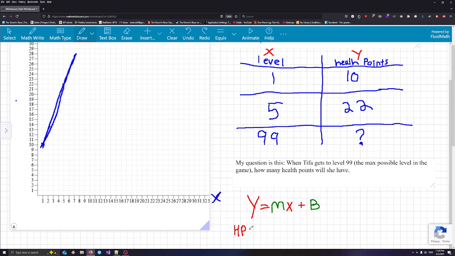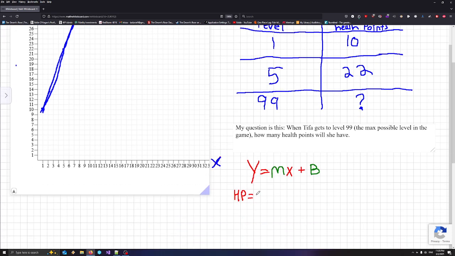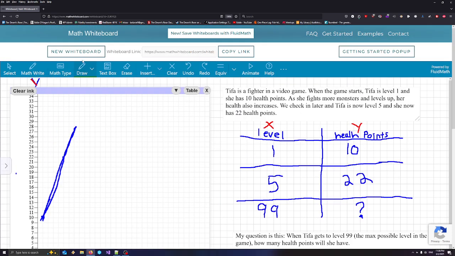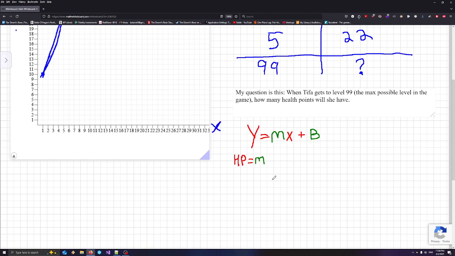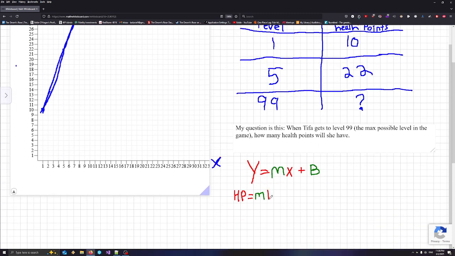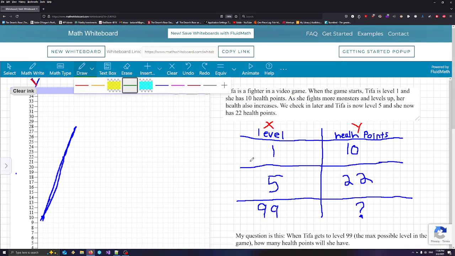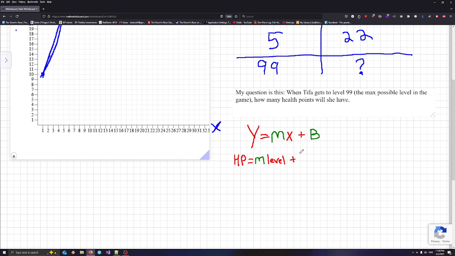HP, health points, is equal to slope, which is m, times level, plus b, our y-intercept.